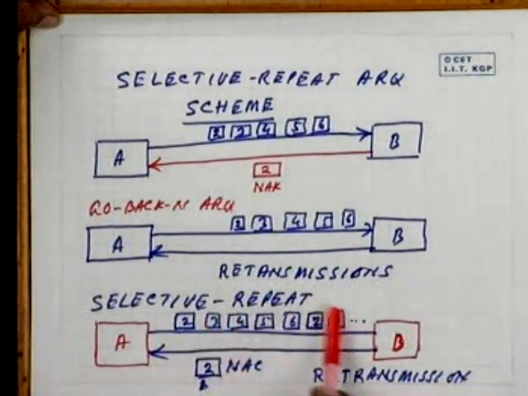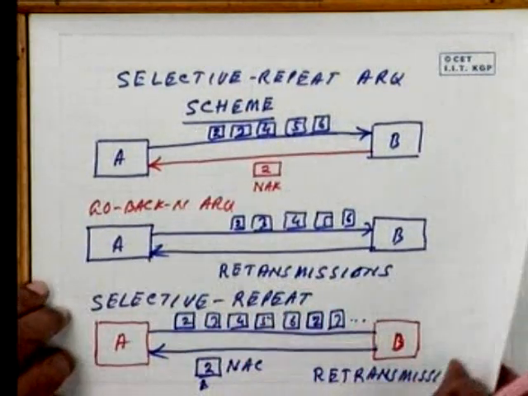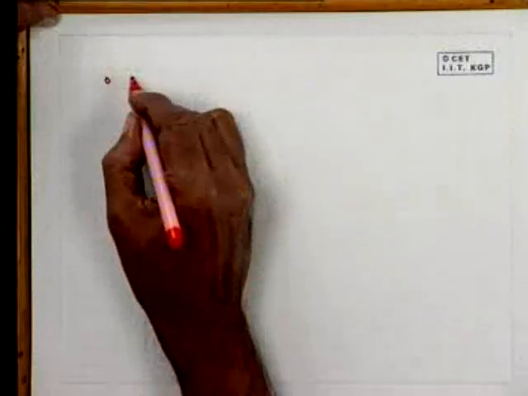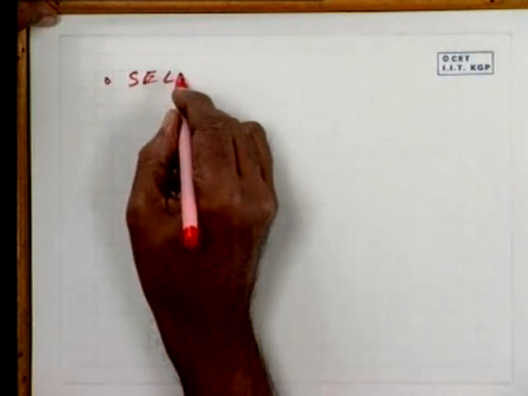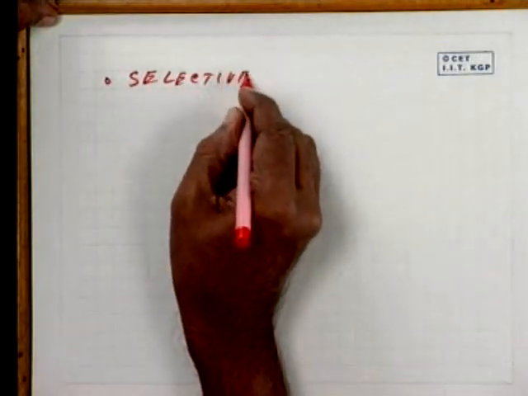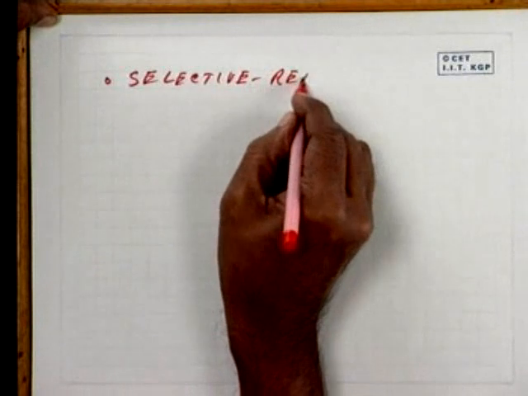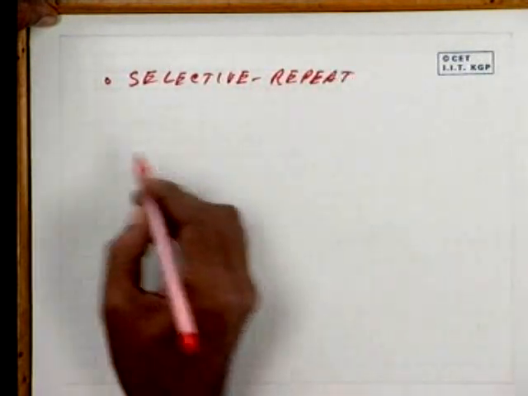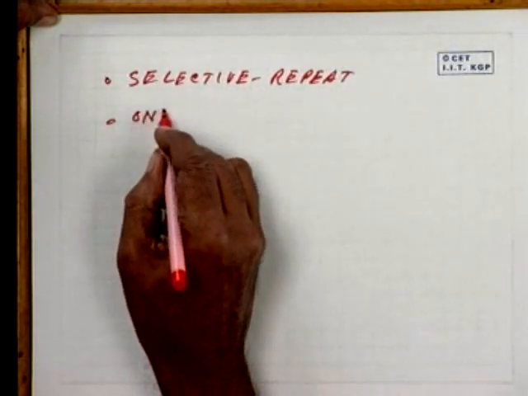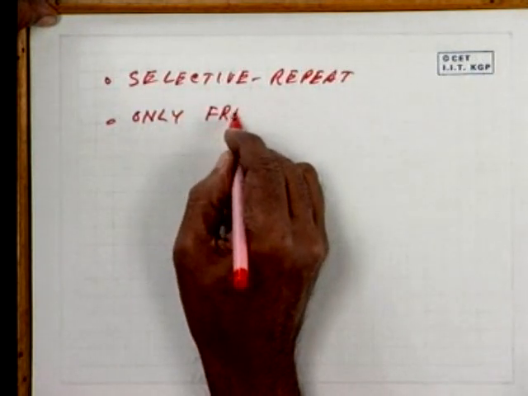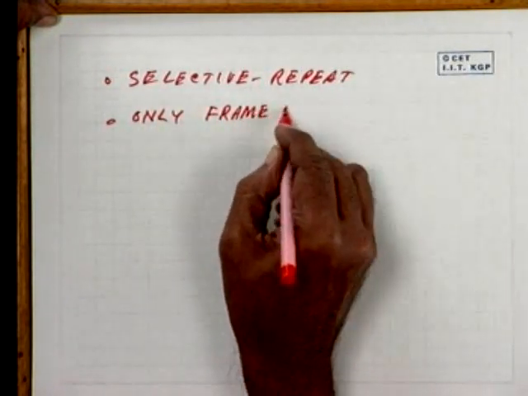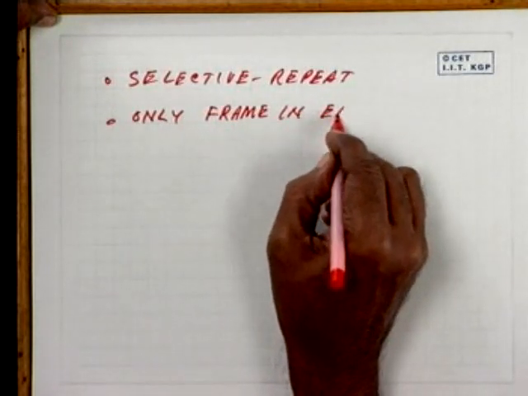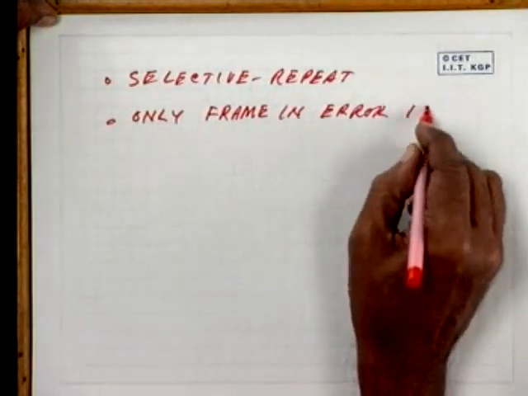And what is the advantage or disadvantage of this? First of all, in this case, this is your selective repeat. Only the frame in error is retransmitted.